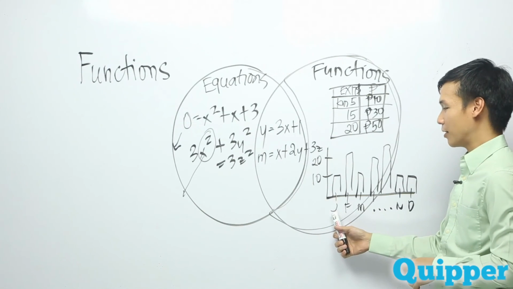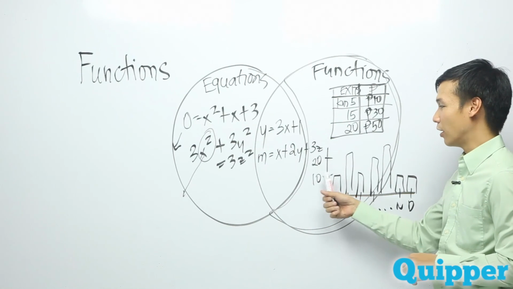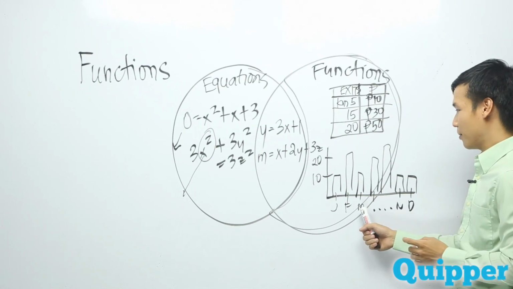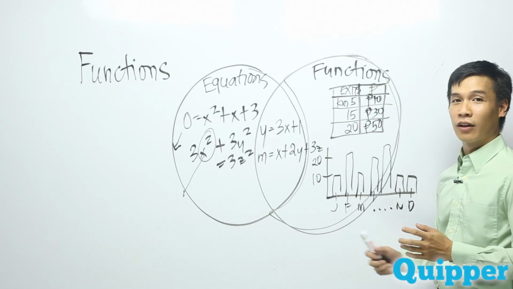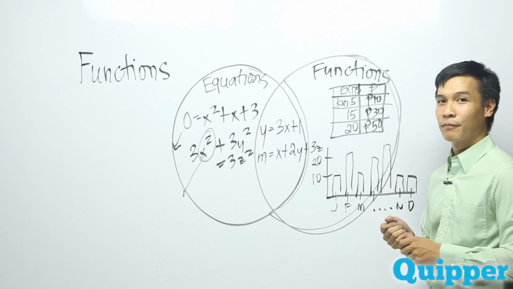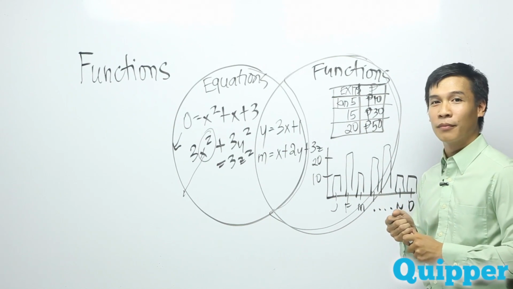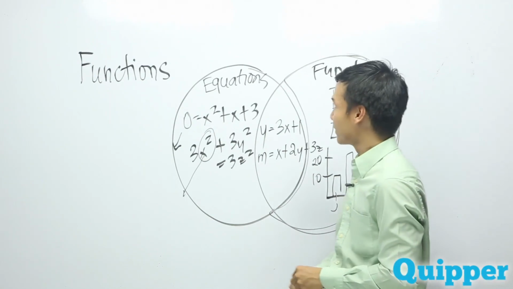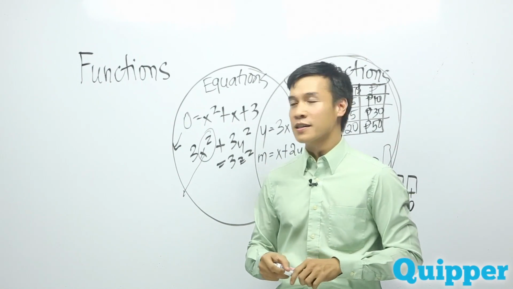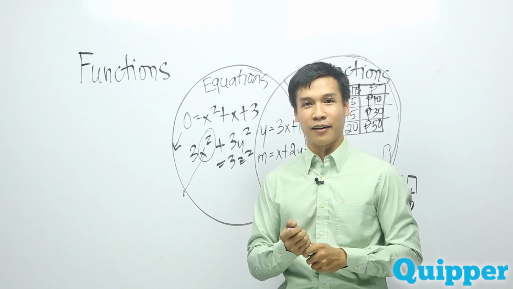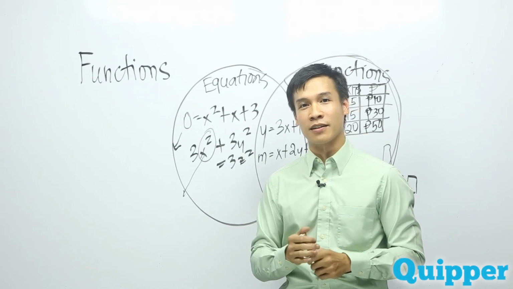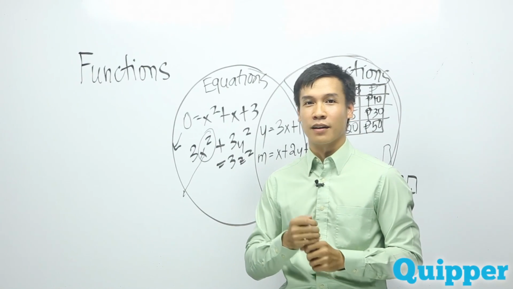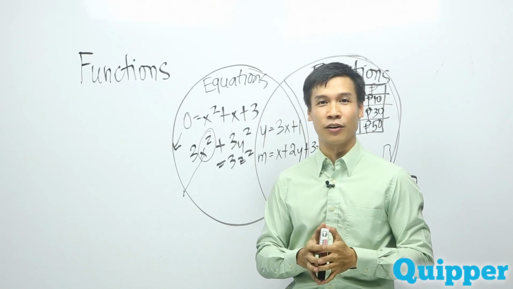So we say, look at the month of January, the rainfall is just 10. For the month of February, the rainfall is just 20. They may appear so simple, but these are already examples of functions. So functions are different from equations, such that functions give you unique values for your outputs. Equations are anything that involves an equal sign.